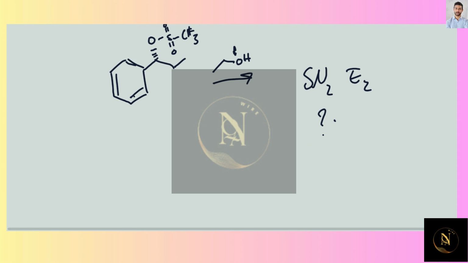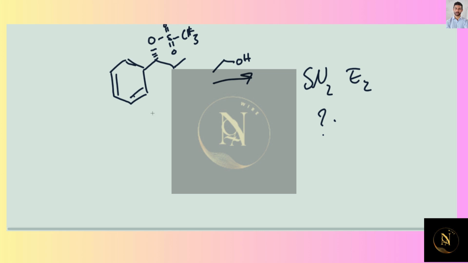Here we have ethanol, which is neutral. It's not a charge. The charged form might be like sodium ethoxide, for example, right? That's going to be a much stronger nucleophile, more likely to proceed via SN2. But we don't have that. We have ethanol. So it doesn't immediately jump off the page to me as being SN2 or E2.